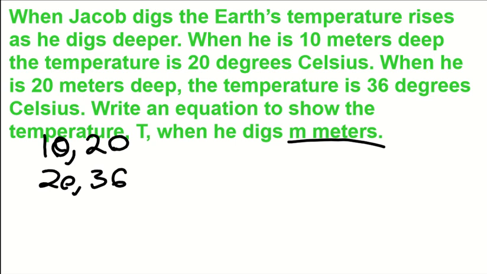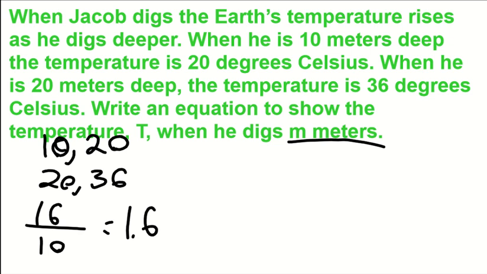Slope is change in y over change in x. From 20 to 36 is a change of 16. 10 to 20 is a change of 10. One of the reasons I mentioned this would have a decimal slope is, y'all got the calculators. Decimal's going to make it easier to work with. 16 divided by 10 is 1.6.